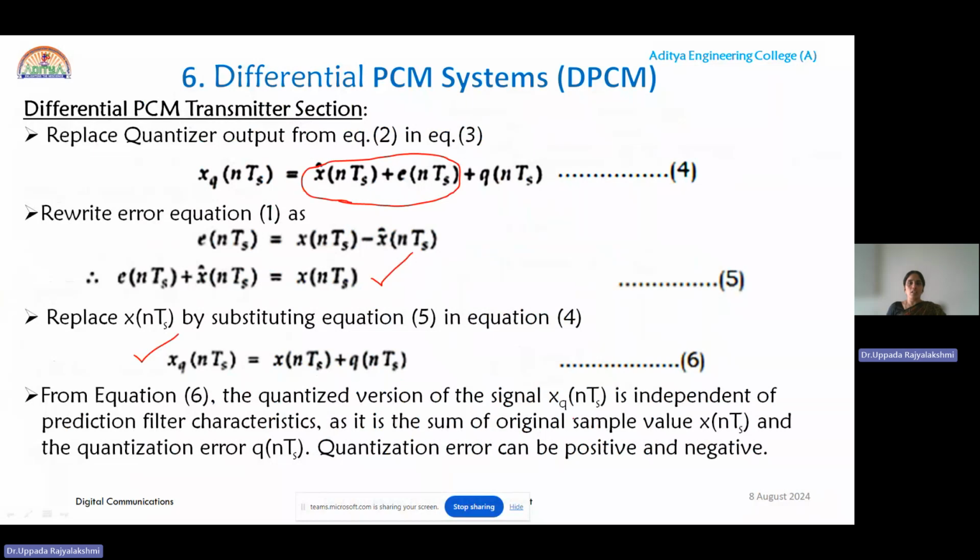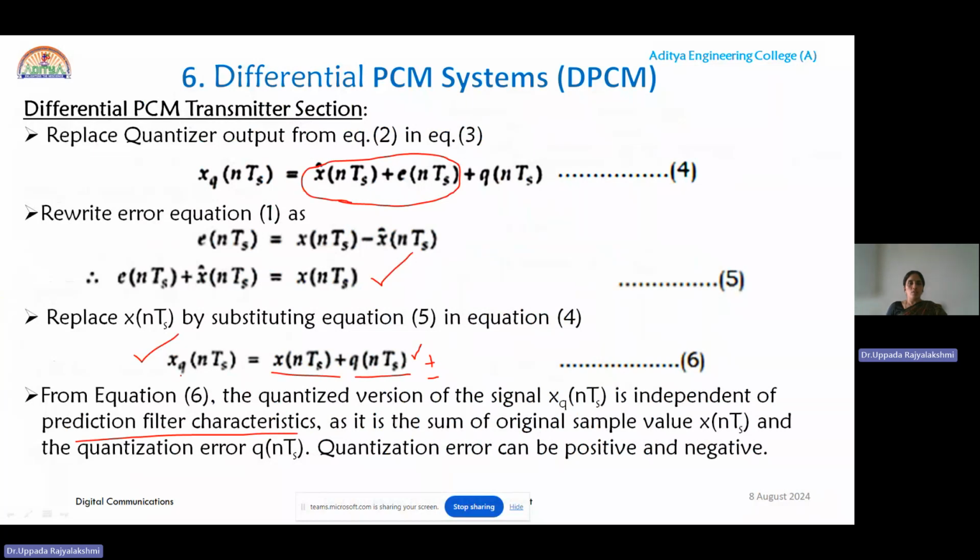So you can conclude that the quantized version of the signal xq of nTs is independent of the prediction filter characteristics. It is only dependent on the original sample value and the quantization error q of nTs. Remember that this quantization error can be either positive or negative.